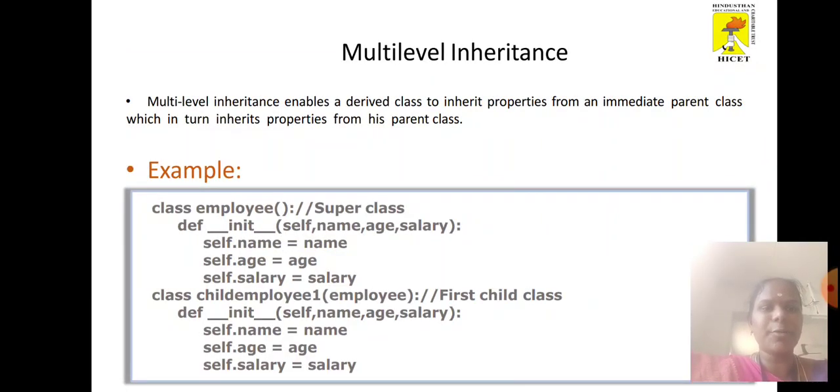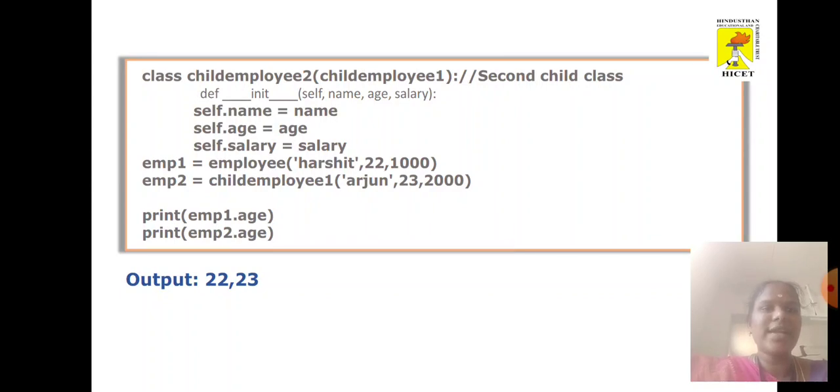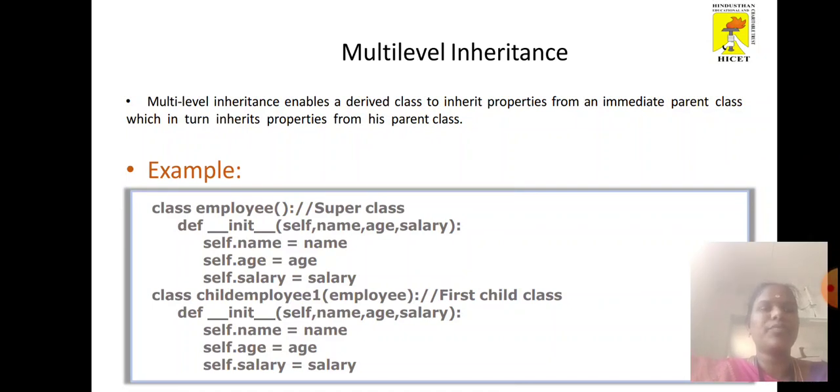You can see that employee is a super class, child employee1 is the first child class. Inside child employee1, I am passing the super class. In child employee2, I am passing the first child class. So this is the way of multi-level inheritance.